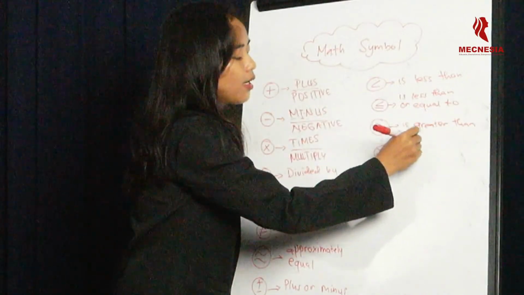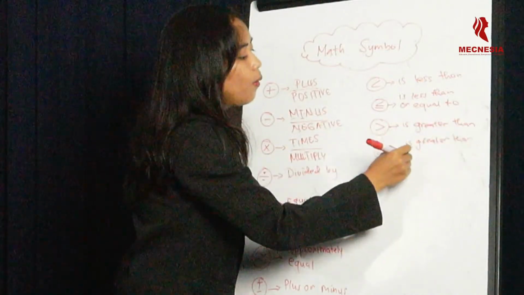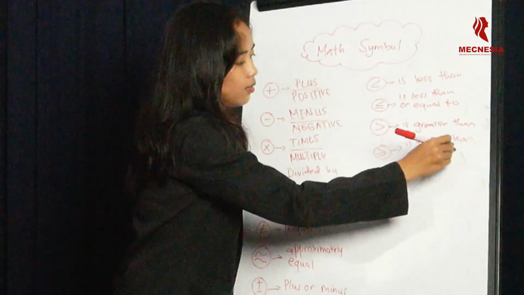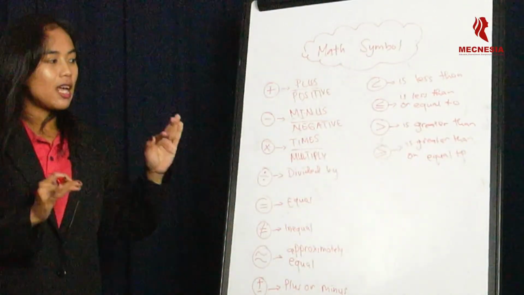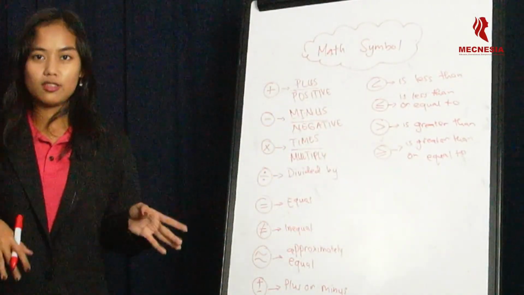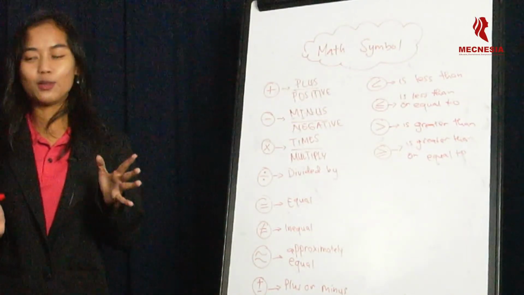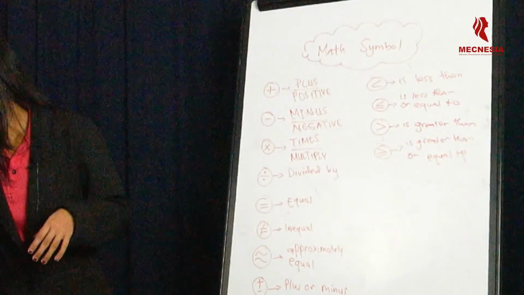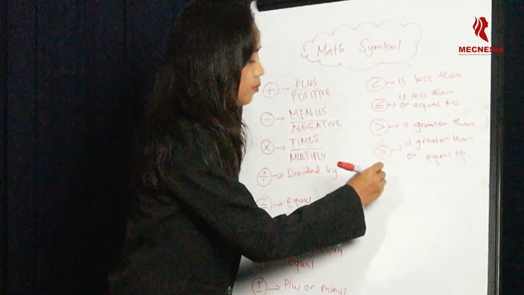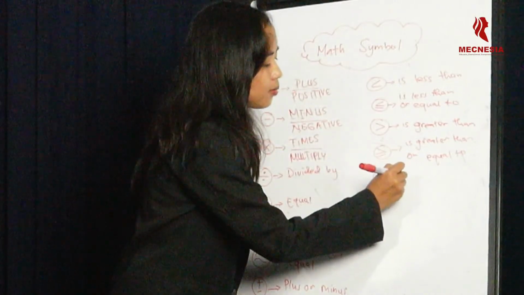Berarti is greater than, or sama dengan, equal to. So, lebih besar dari atau sama dengan in English is greater than or equal to. Next we have, okay, this symbol. This symbol is called infinity.